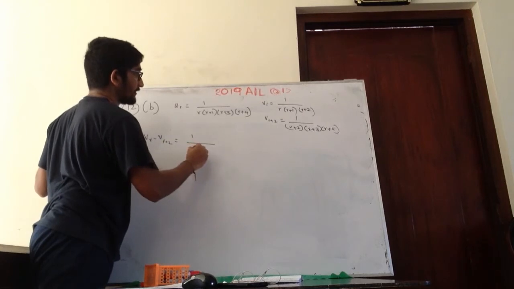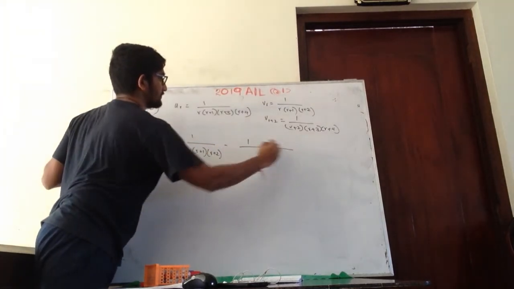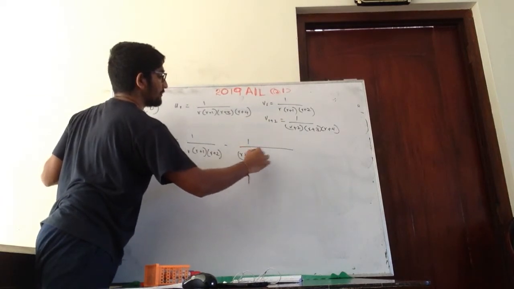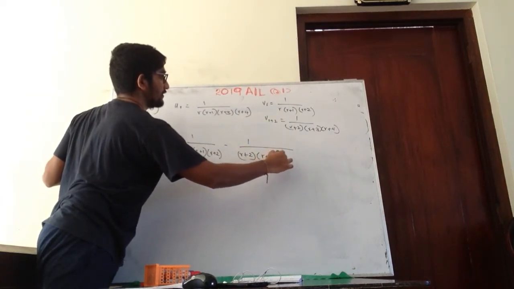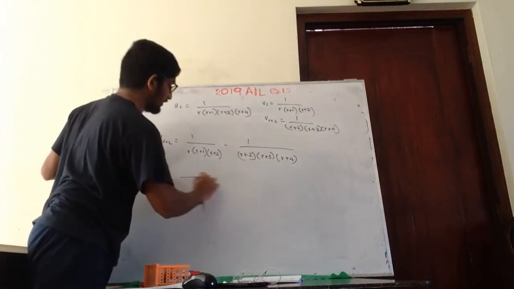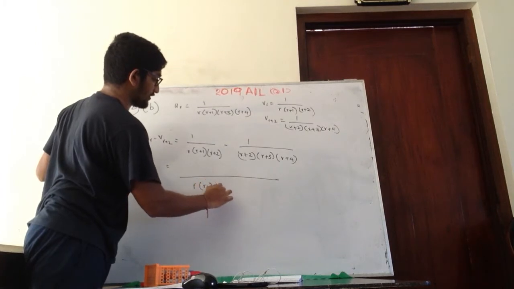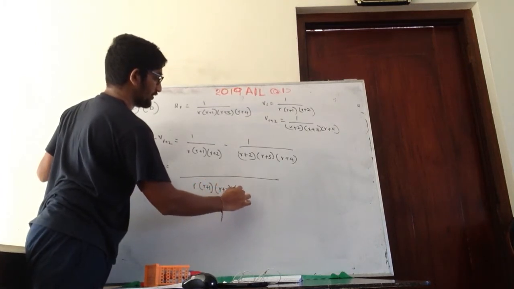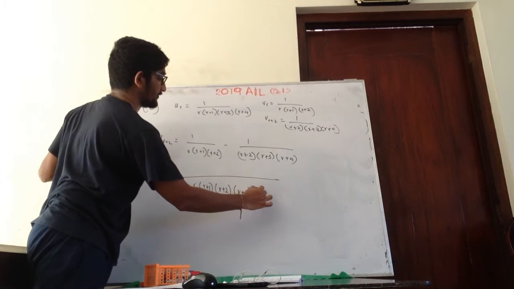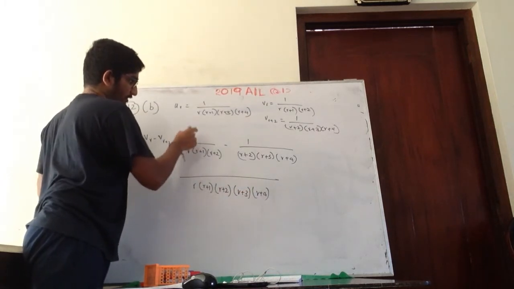So then they are asking VR minus VR plus 2. That is 1 over (R plus 1)(R plus 2) minus 1 over (R plus 2)(R plus 3)(R plus 4). So here I will get (R plus 1)(R plus 2)(R plus 3)(R plus 4) as the common denominator.